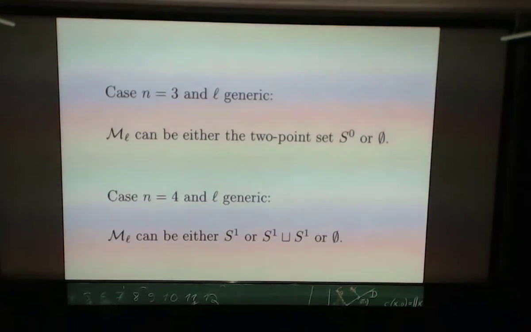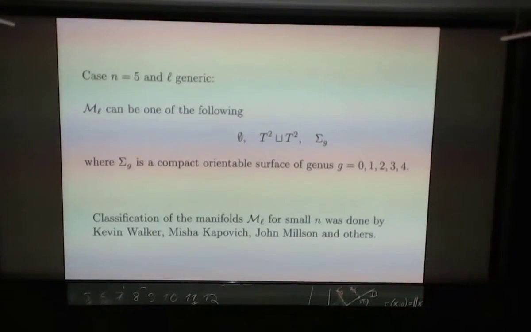So this creates a circle. So in this case, you have a disjoint union of two circles.